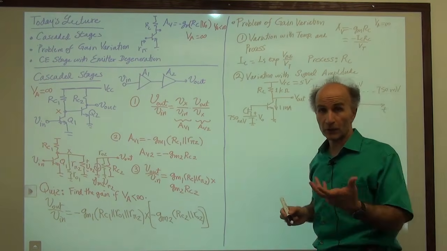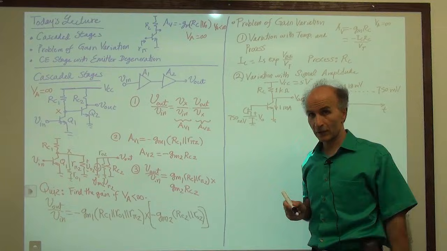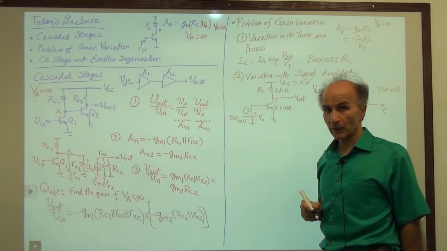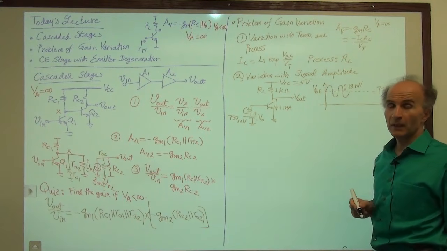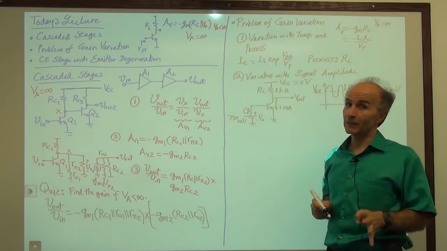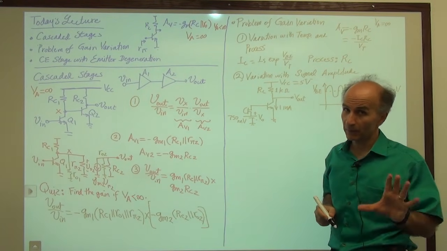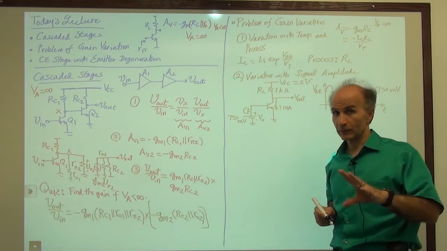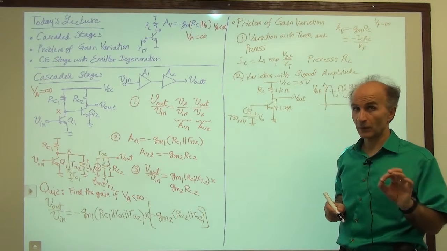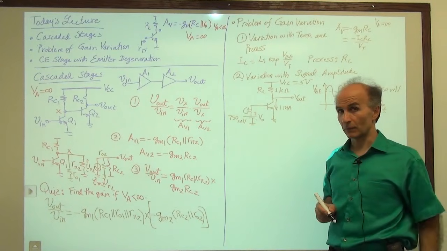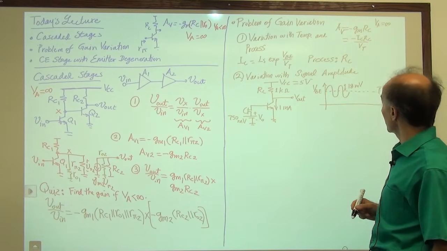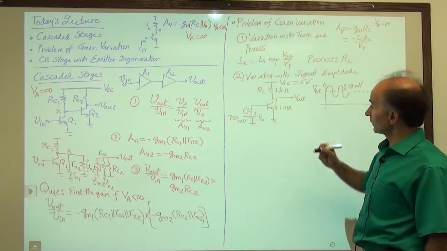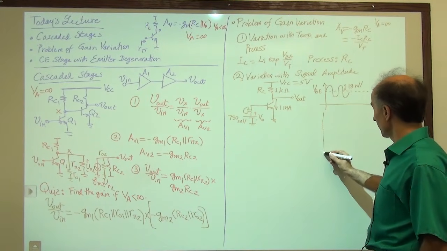There's a good reason for 18 millivolts, you will see shortly. All right, so 18 millivolts peak, 36 millivolts peak to peak. Now again, you should not compare 18 millivolts with 750 millivolts. That's not the right reference point. You should compare it with VT, 26 millivolts, as we will see in a second. All right, okay, so now let's go look at the output and see what we have there.